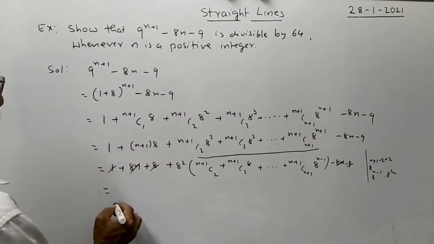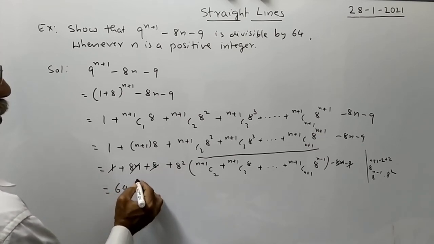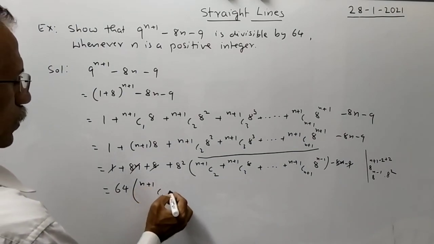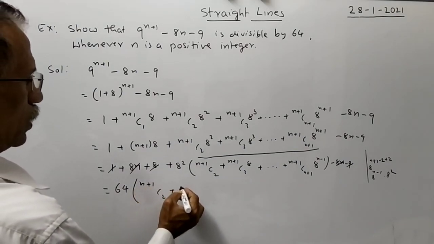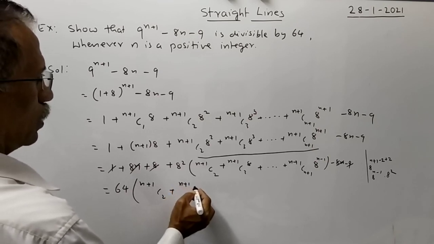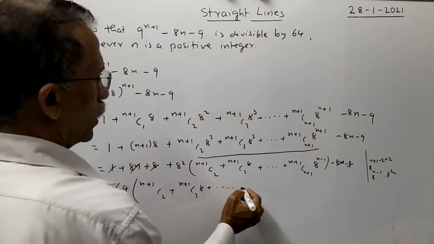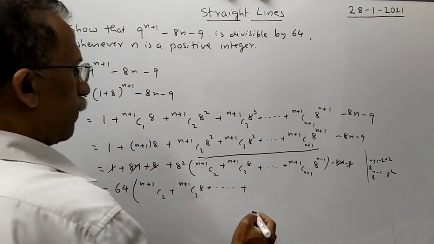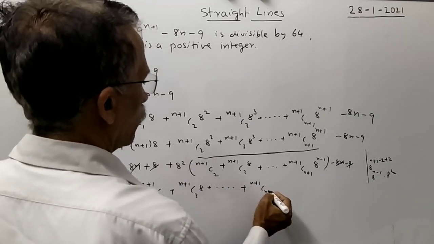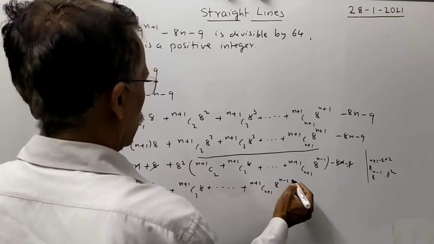This is equal to 8 square, 64, into bracket n plus 1 C2 plus n plus 1 C3 into 8 plus and so on, plus n plus 1 C n plus 1 into 8 raised to the power n minus 1.